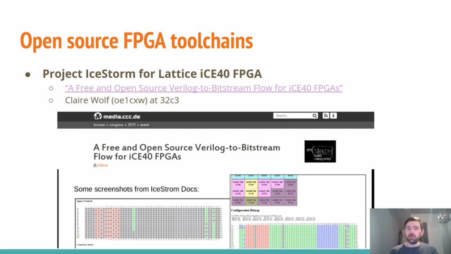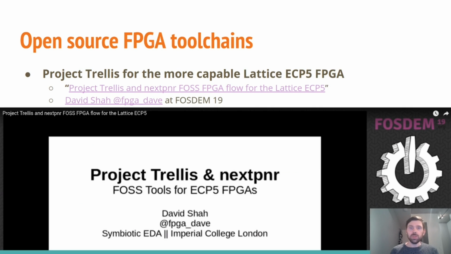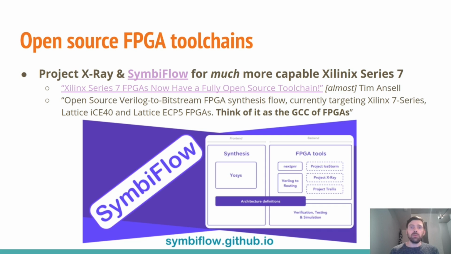This is a smaller FPGA, but it paved the way towards more capable FPGAs being supported, such as the Lattice ECP5, which is supported by Project Trellis, and much more capable FPGAs from Xilinx. Project X-Ray and SymbiFlow are working on also supporting the Xilinx Series 7, and that should be coming soon.